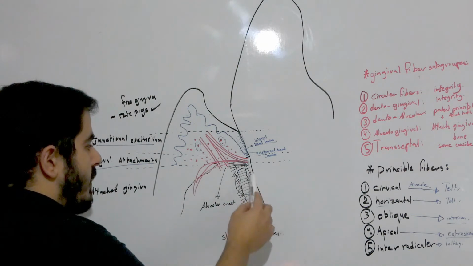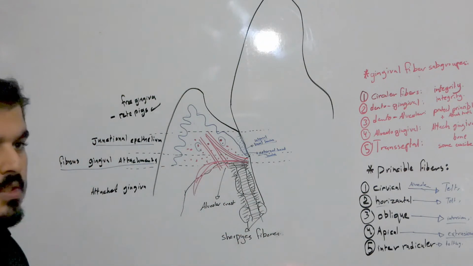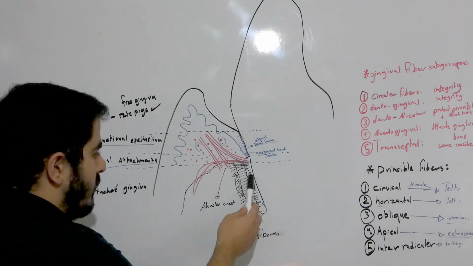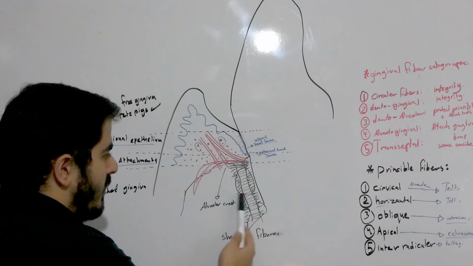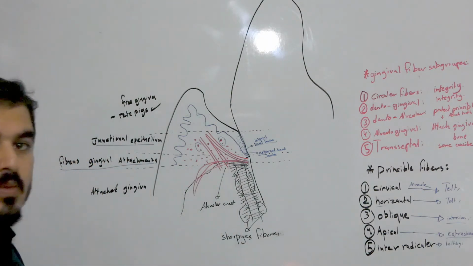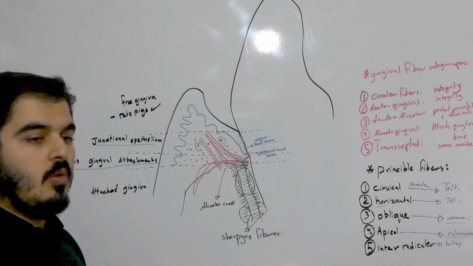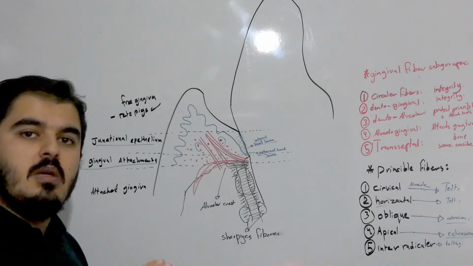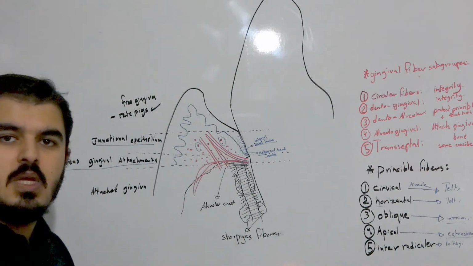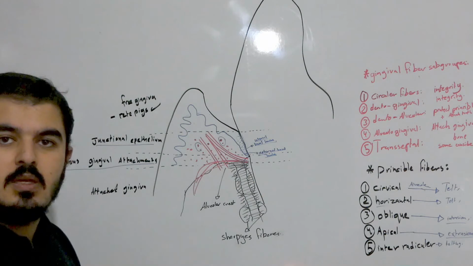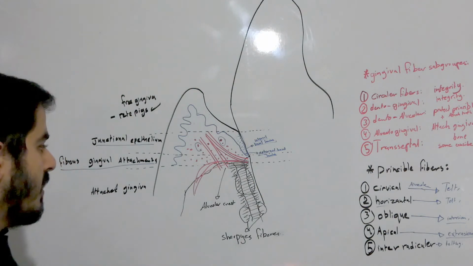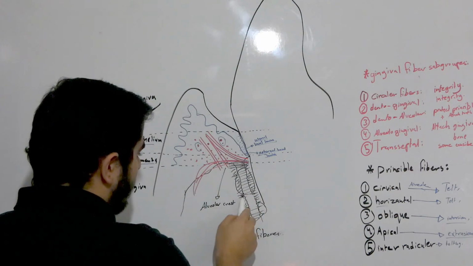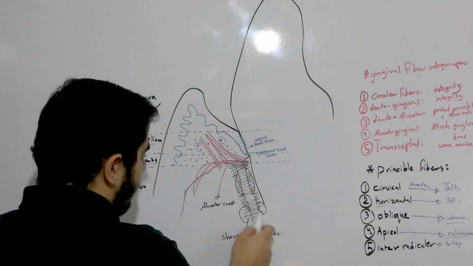Down here we have the horizontal group. These fibers are horizontal, going from the cementum to the alveolar bone horizontally, and they are responsible to anchor the tooth to the bone and withstand rotational and tilting movements only. The other fibers here are the oblique fibers.